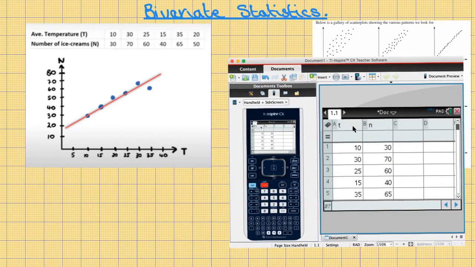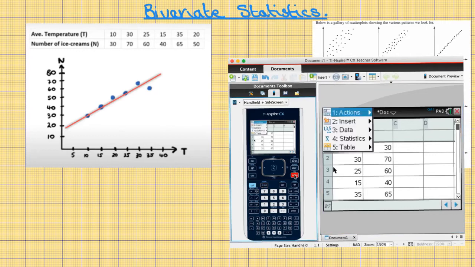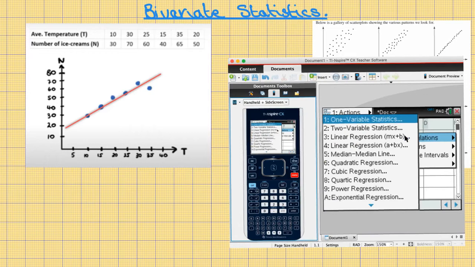Put into the calculator T, which represents the average temperature, on the x-axis, and the number of ice creams, N, on our y-axis. With the TI Nspire, we can go to Menu, Statistics, Stat Calculations, and we want linear regression.